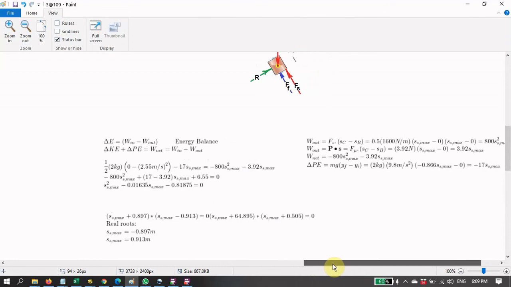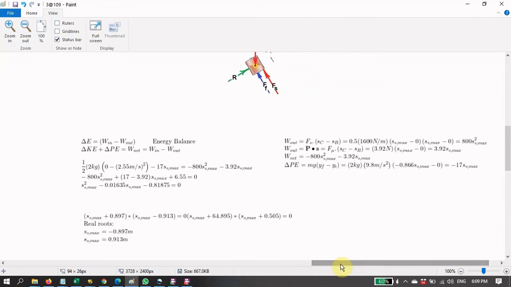I'll just use the energy balance approach. So we can find that from the definition we have the total energy of the particles equal to the net work done on the particles.